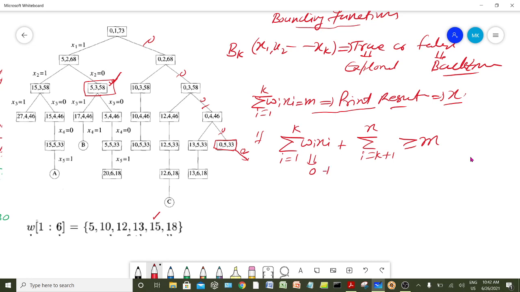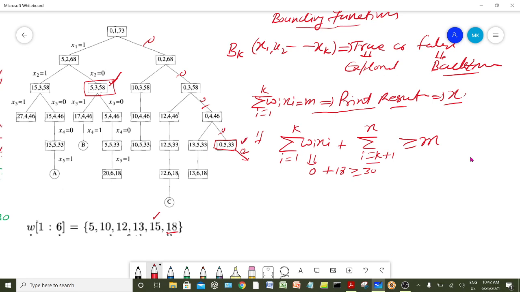And for k equal to 5, k plus 1 will be equal to 6, so only one item was left, which is equal to 18. So it is not equal to 30 in this case. That is why there is no scope of generation of any solution by following this node.